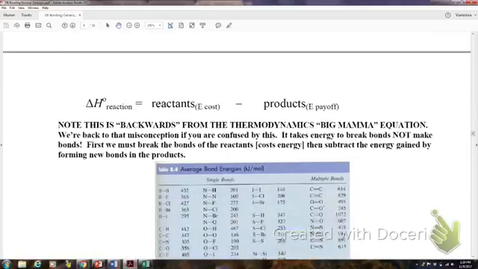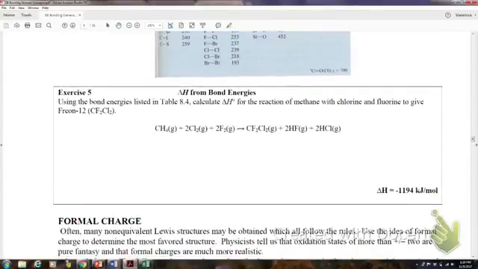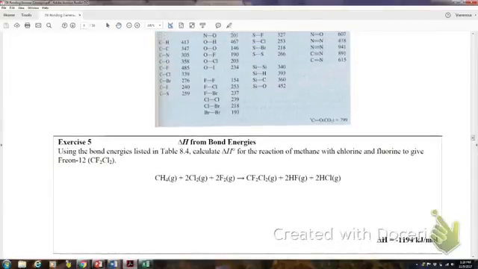Okay, we are going to need all of these values right here. But I wrote them down on the next slide. So we're going to do this. Let's see if I can get it on the same page. I don't think I can. So we're going to do bonds broken minus bonds formed here. Okay. So if I look up the values for carbon-hydrogen bond, it's 413.